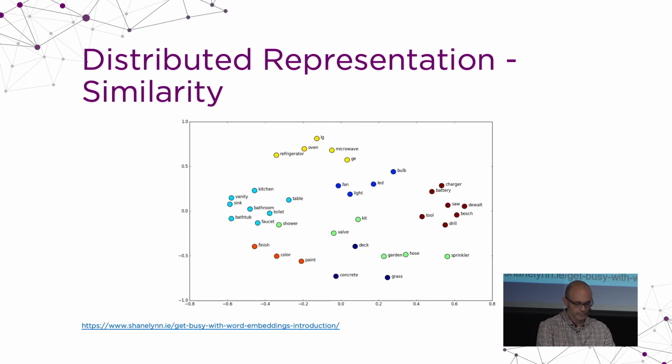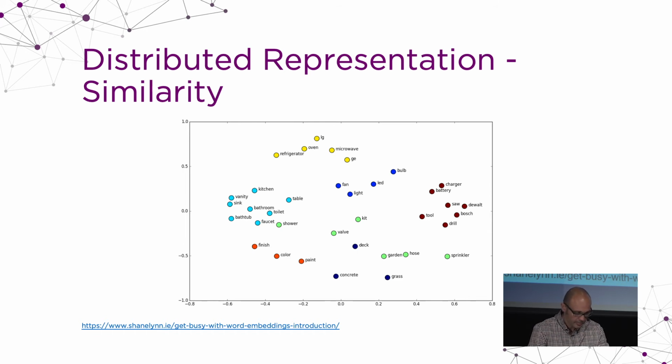So here you see a plot of this distributed representation. And the interesting thing is that you see that we have some clusters which are colored differently. Like here you see a yellow area, and you see that I have words with a similar semantics. I have a refrigerator, I have an oven, a microwave, and so on. So tools that I can find in the kitchen.